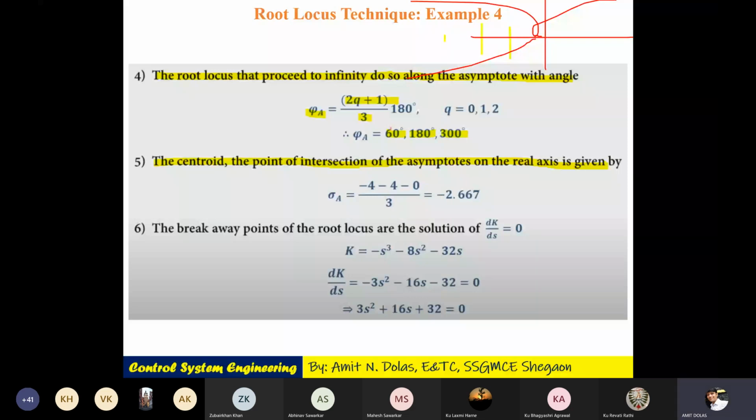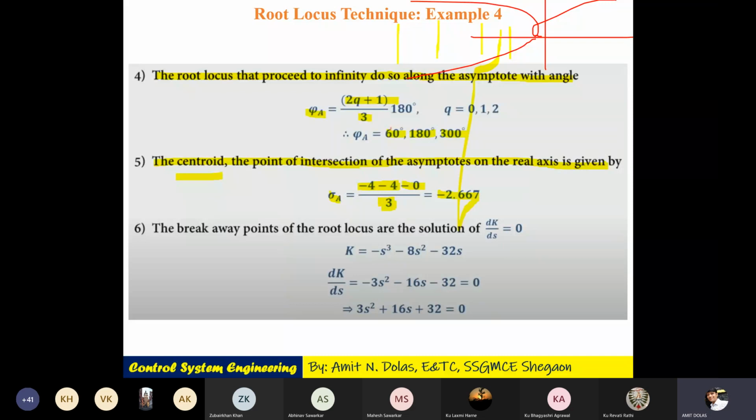What is the formula for the centroid? It is the sum of real parts of the poles minus the sum of real parts of the zeros divided by the number of poles minus zeros. So the real part of the poles, दो बार है -4, then zeros are 0, minus 0, it will be -8 divided by n minus m, that will be 3 minus 0, equal to 3. So it comes to minus 2.667. Somewhere here, जहाँ पे भी ये point है, it will be present.